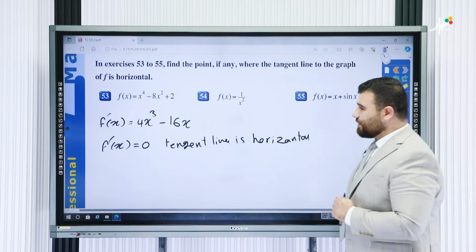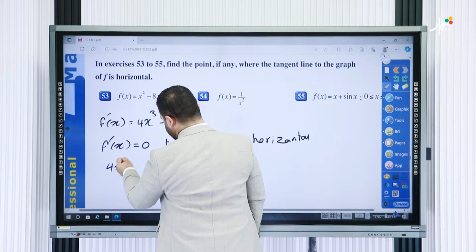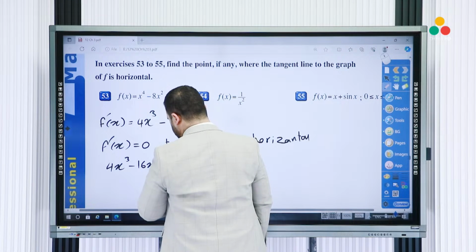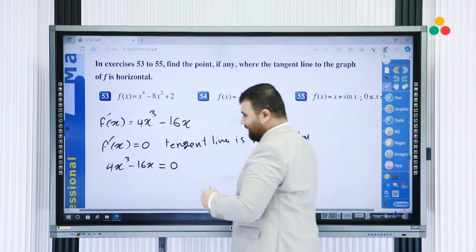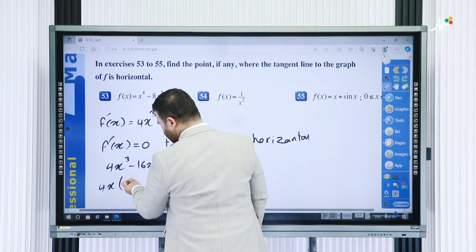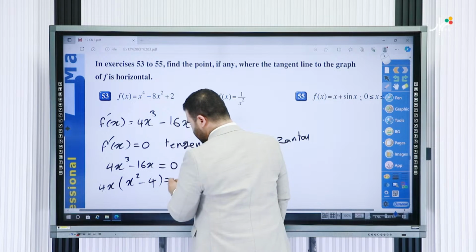Tangent is horizontal means the slope is 0. Now solving this, 4x power 3 minus 16x equal to 0. To solve this, we can take a common factor. We can take 4x as a common factor. 4x, what's remaining? Here x power 2 is remaining, minus 4, equal to 0.